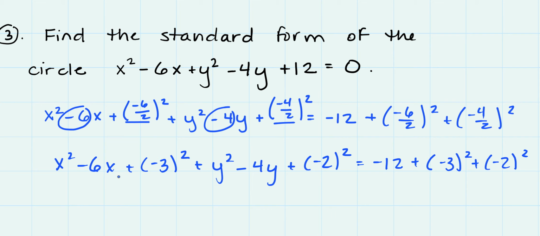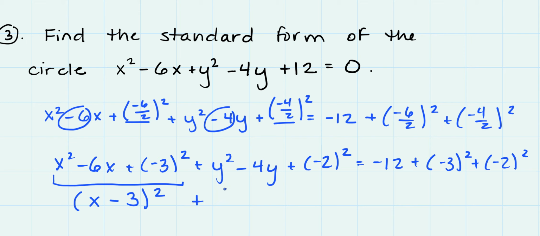But on this side, I'm going to look at this and say that this is the same thing as x plus this number here, which is negative 3, the number in the parentheses, squared. In fact, you can FOIL this out, and you'll see that you actually get x squared minus 6x plus 9.